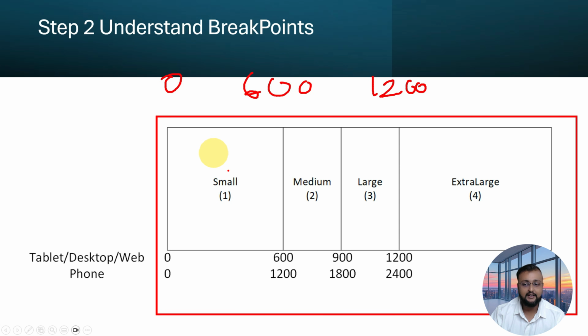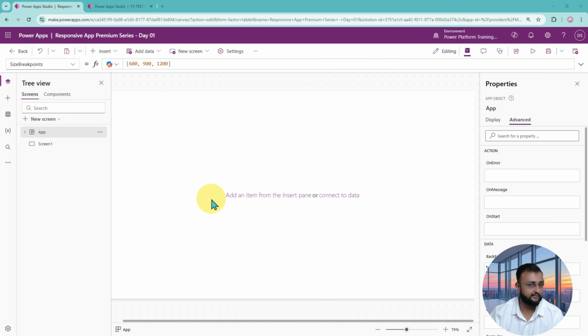This is the official Microsoft documentation's image. Generally we consider 0 to 600 resolution as small, 600 to 900 as medium, 900 to 1200 as large, and after 1200 to infinity we consider as extra large.